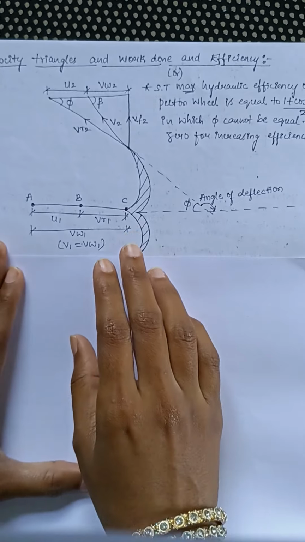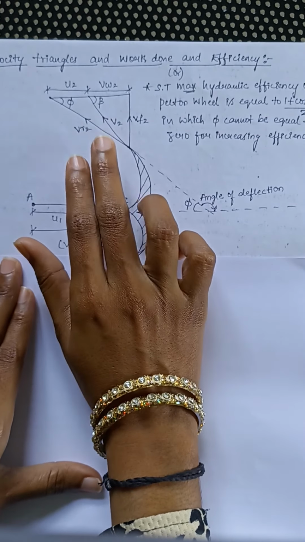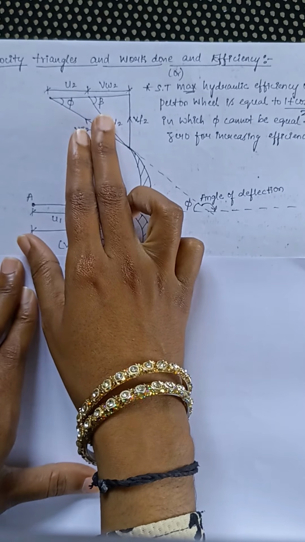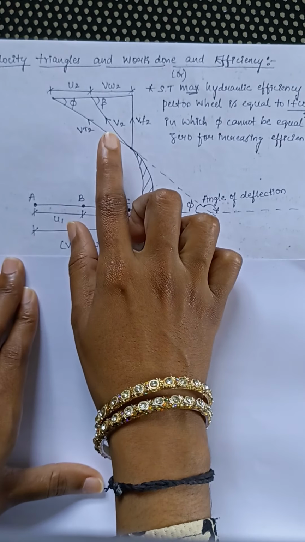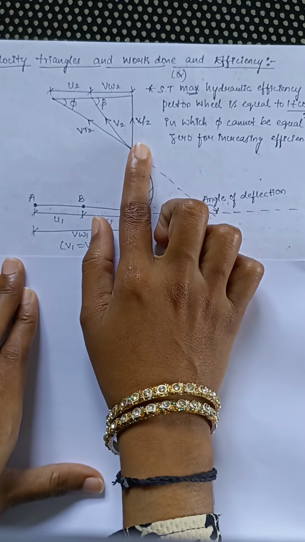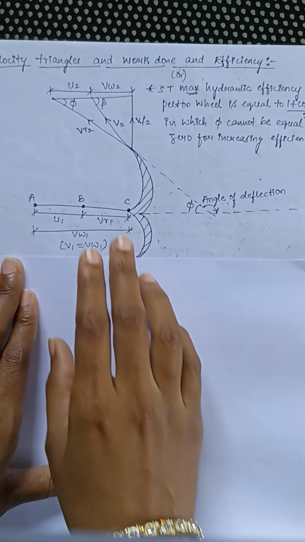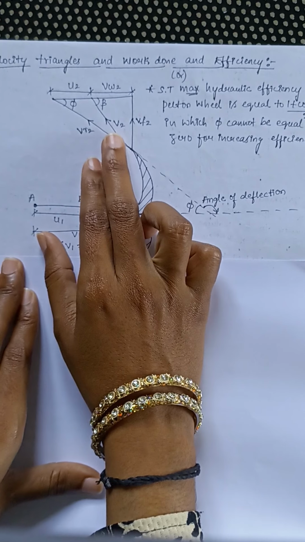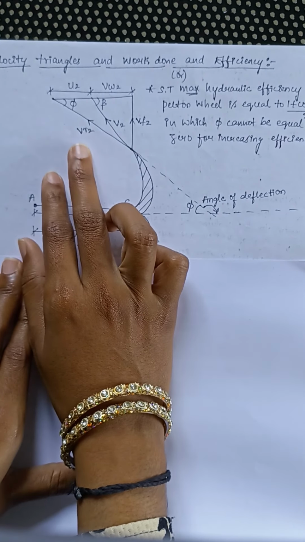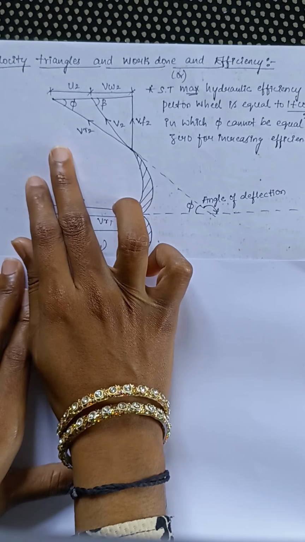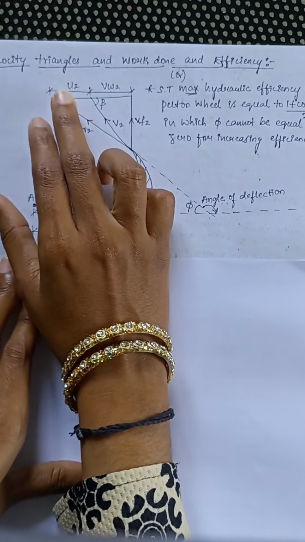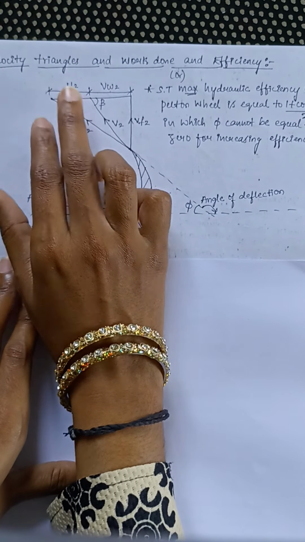Similarly, the outlet velocity triangle looks like this. In the outlet velocity triangle, the angle beta is the angle made by the absolute velocity with the vertical direction. So now the absolute velocity here is V2, and VR2 represents the relative velocity at which the jet is leaving the splitter, and U2 represents the velocity of the bucket at the outlet tip.